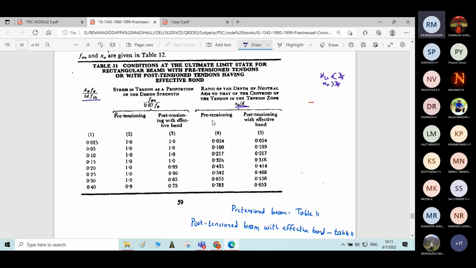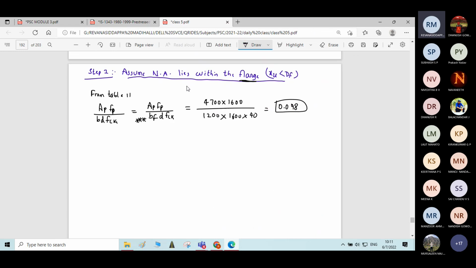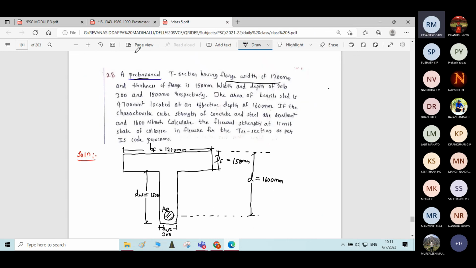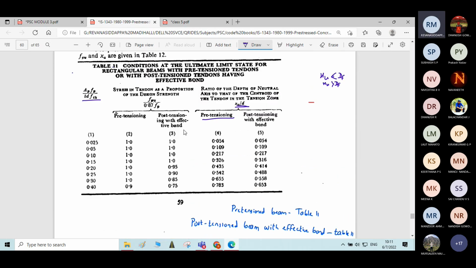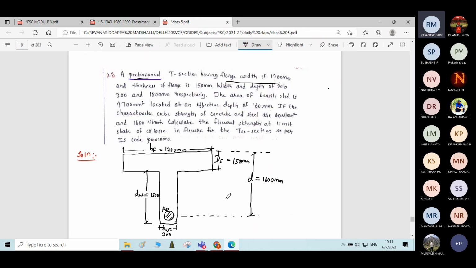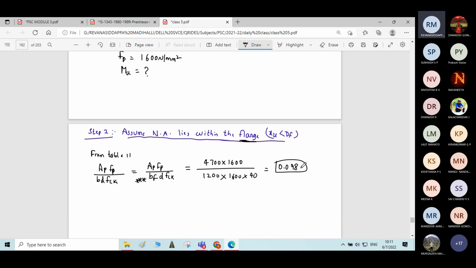And what is the type of beam given? It is a pre-tensioned beam given in the problem. Okay, now you need to refer to this column to find the value of xu by d, corresponding to Apfp by b d fck value of 0.098.